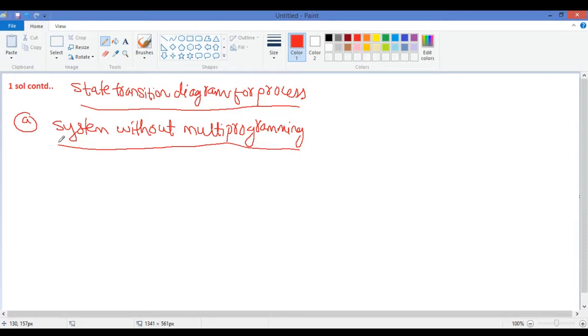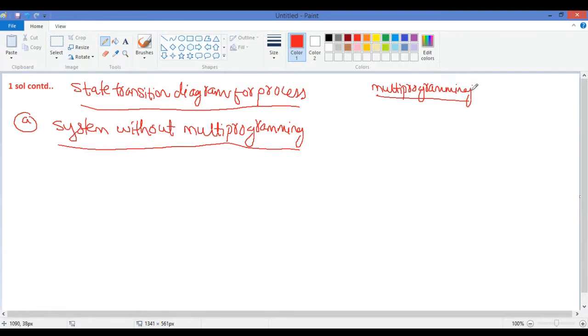Now, what is the difference between multi-programming and not multi-programming? Remember, the definition of multi-programming is, please note down this definition.